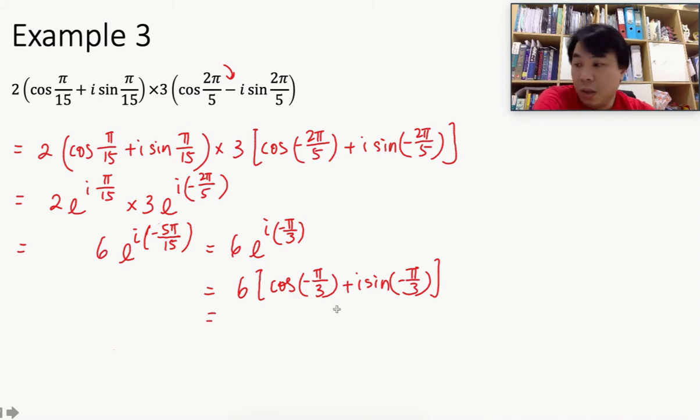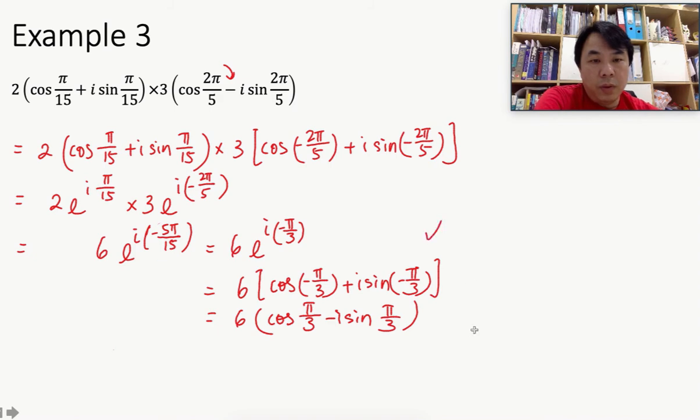If you don't have a calculator like me, I do have a calculator, but my calculator is not as powerful as what you are using, so it might be a bit tedious to use in this case. So I'll try to make use of what I know about this trigonometry. Now that is the same as cosine pi over 3 minus i sine pi over 3 here.